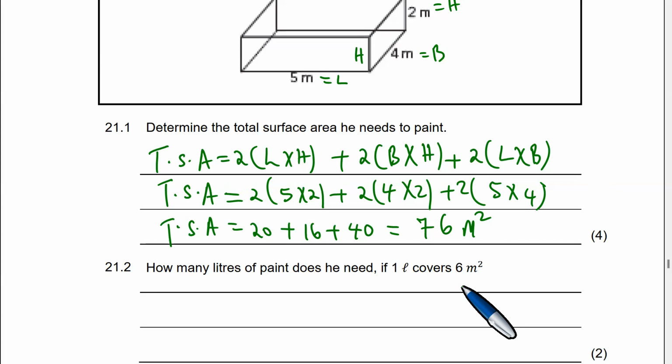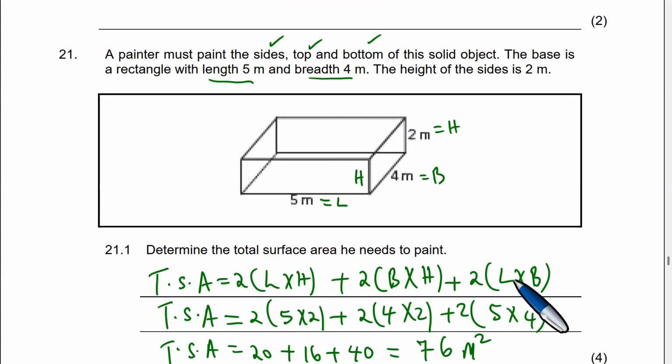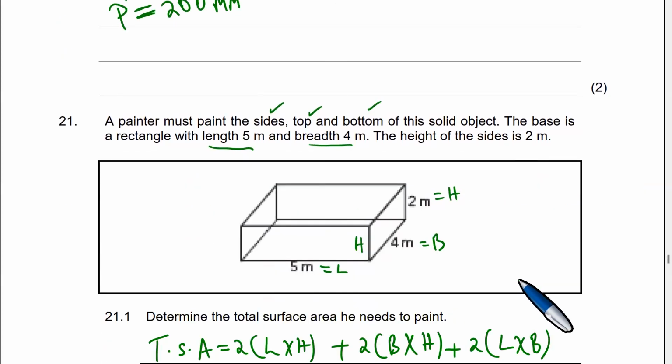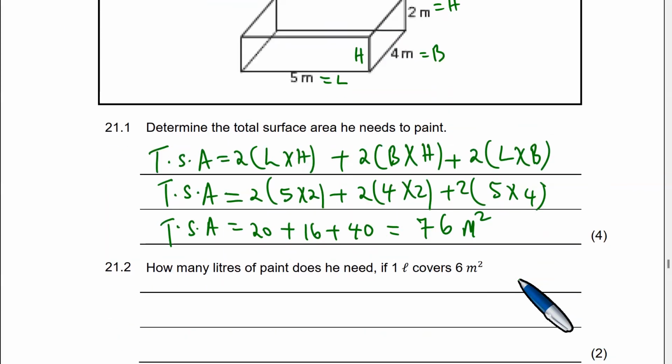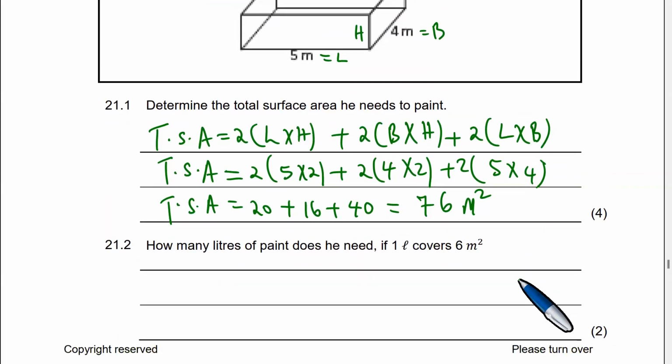So how did you do it then? What did you do to answer this question? If 1 liter covers 6 square meters of area, then 60 square meters covers 10 liters. Then we add 66, which covers 11, then 72, which covers 12.